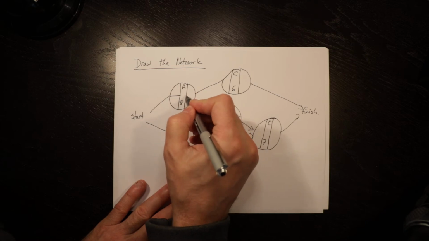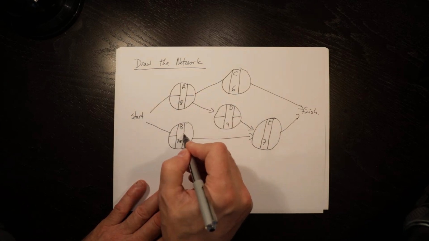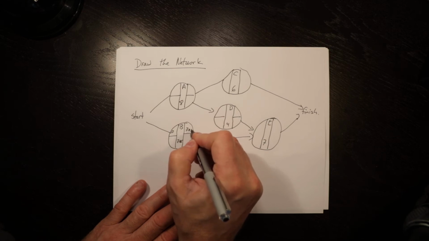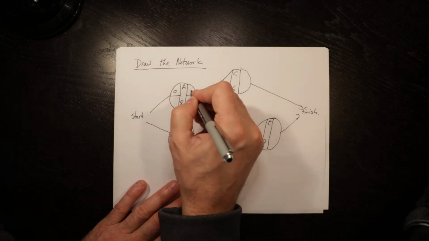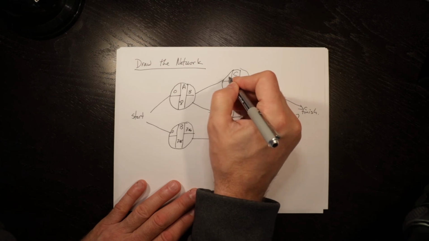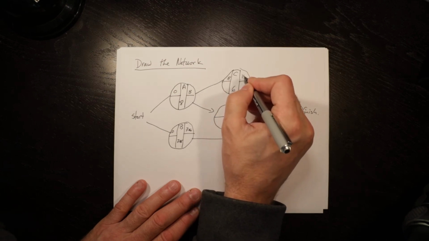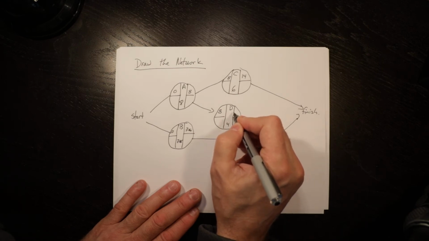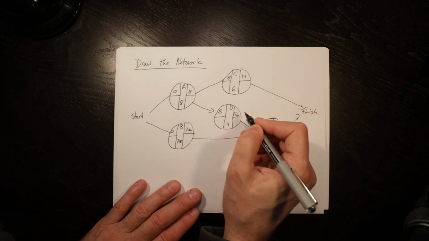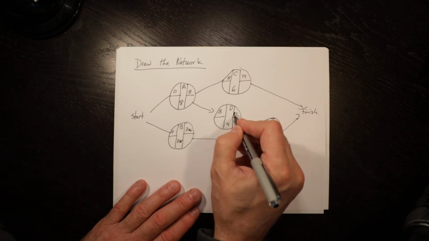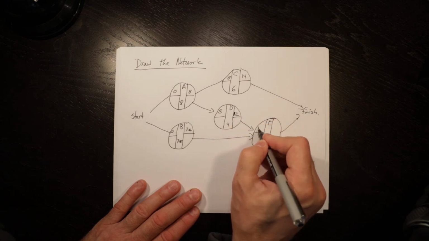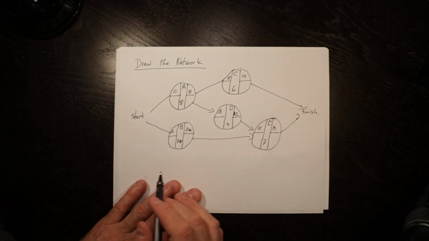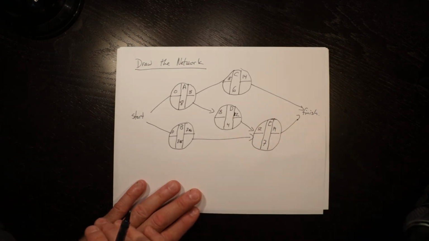We can do our forward pass: 0, 7.86, 0, 8, 8, 14, 8, 12. We have 2 going in here, so we pick the largest one, 12, 19. So the project takes 19 days.